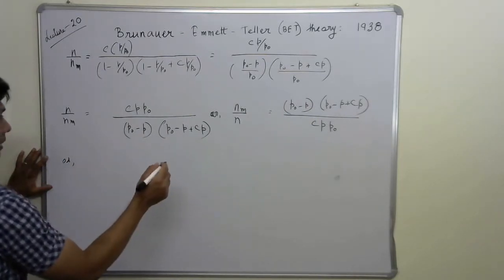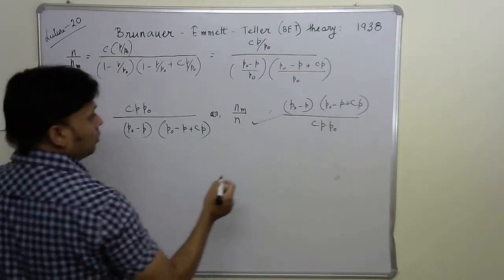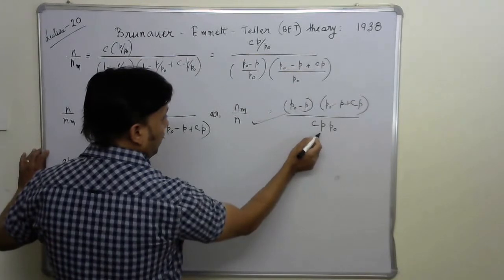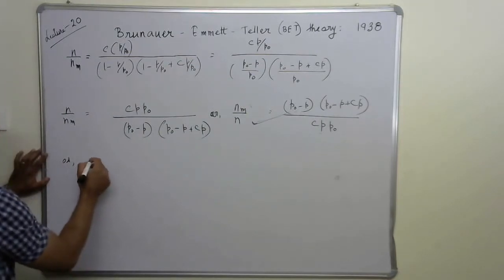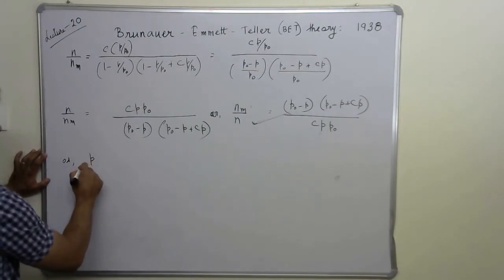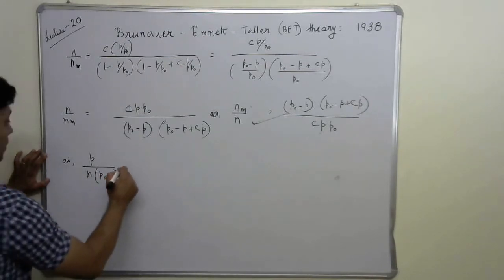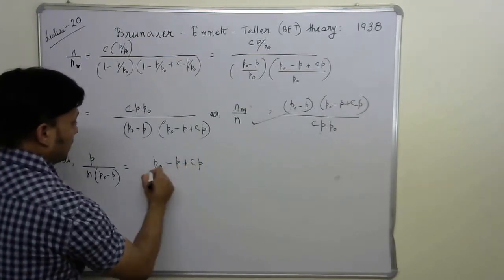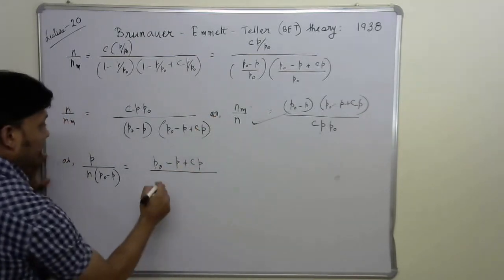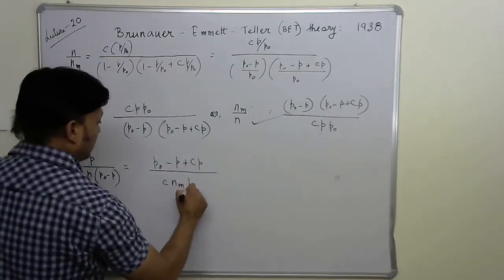So what else we can do is, we take this part over here, and also we take the P part and Nm part over here. So we write it here, that is P divided by N multiplied by P0 minus P is equal to P0 minus P plus Cp divided by, so Nm part goes there, so C multiplied by Nm, and we are left with P0.